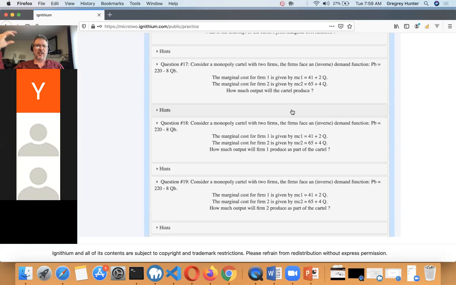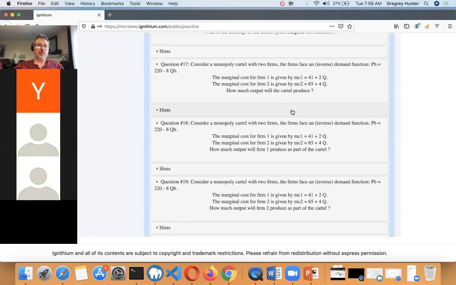So, Daniel, can you identify the low cost firm in this problem? It'll be the first one. Yeah, because it has both a lower intercept for its marginal cost function, 41 instead of 65, and it has a lower slope. So its marginal cost function is going to be everywhere below the marginal cost function of the other firm.